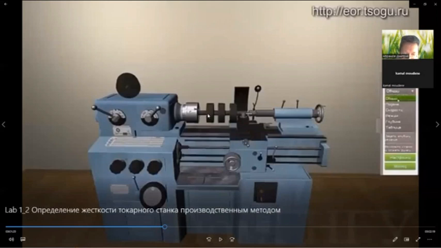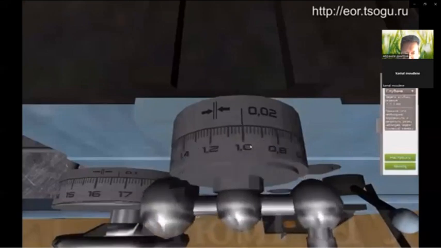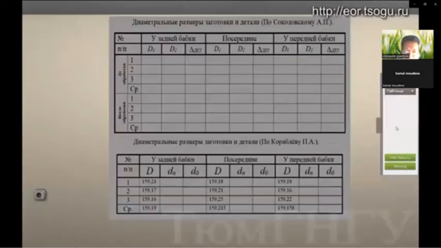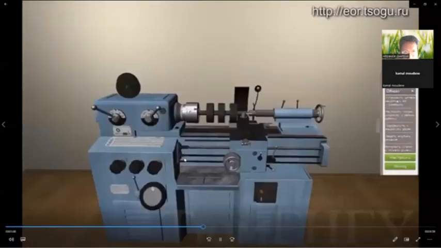We have 3 rings: the ring at the headstock of the machine, the ring in the middle of the mandrel, and the ring at the tailstock of the machine. And now we start machining. All 3 rings have eccentricity. This is our table 1.